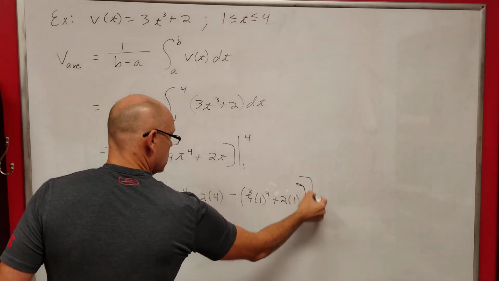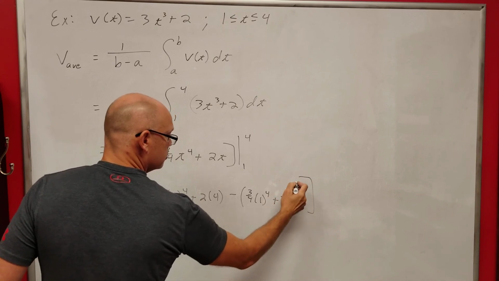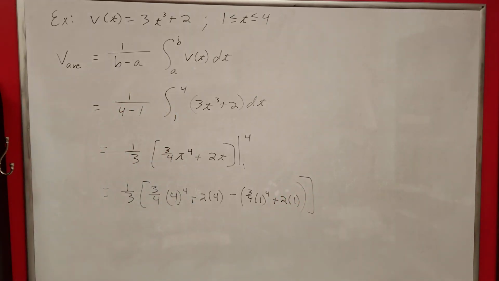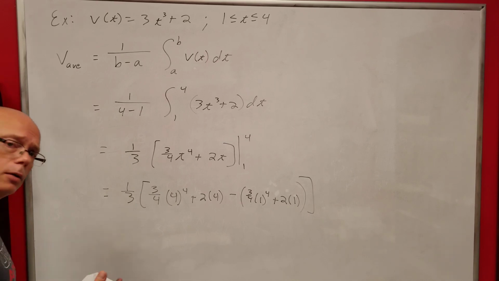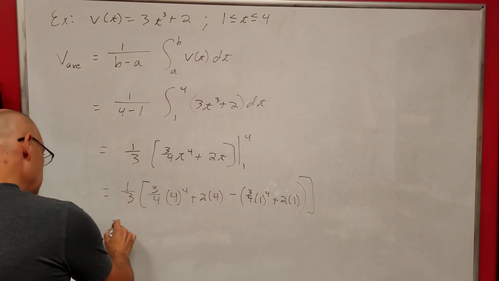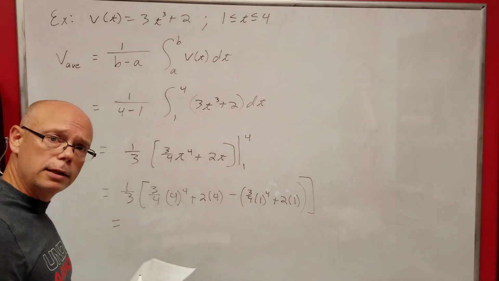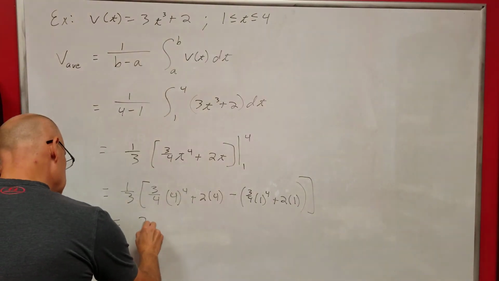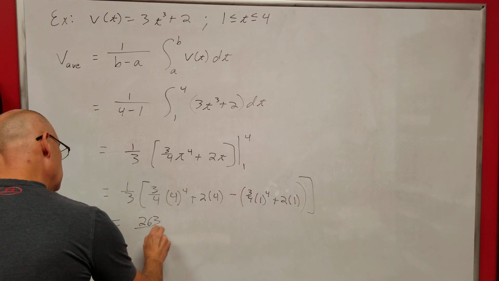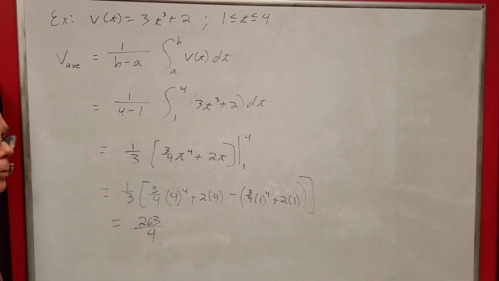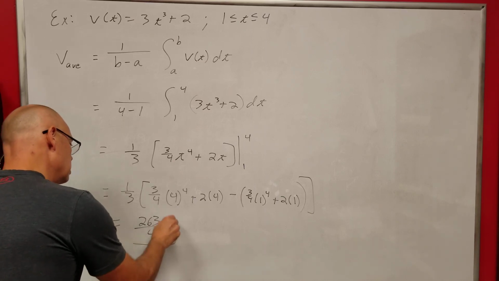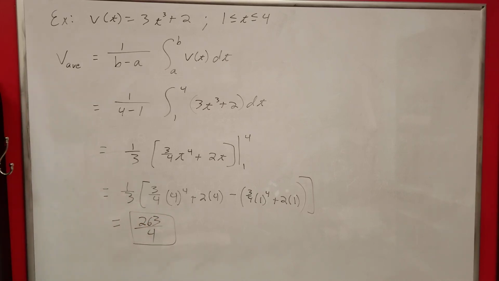Let's close that, there we go, make it a little neater. Technically, once you do this part, you can just put this in your calculator, and once you get the decimal, hit math, enter, and it'll give you the fraction. So I got 263 over 4. This is what I got whenever I do that. And do they give me any units in this one? So I'm just stuck with that number, no units.